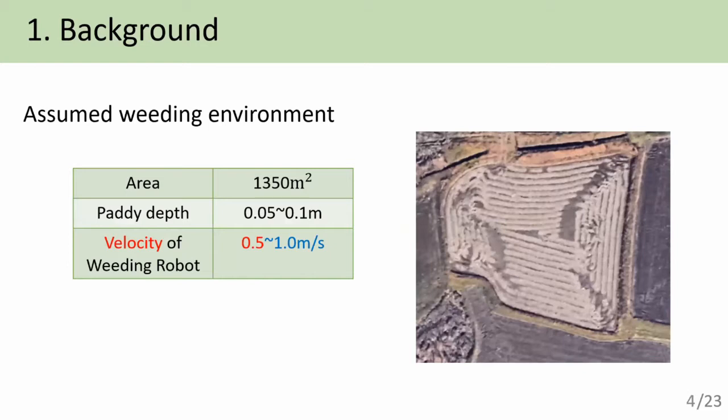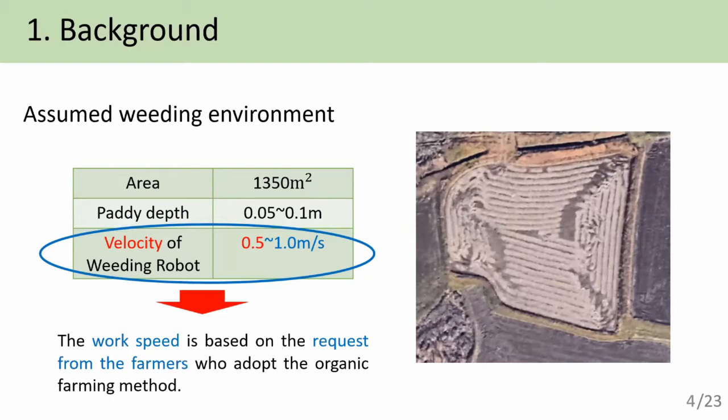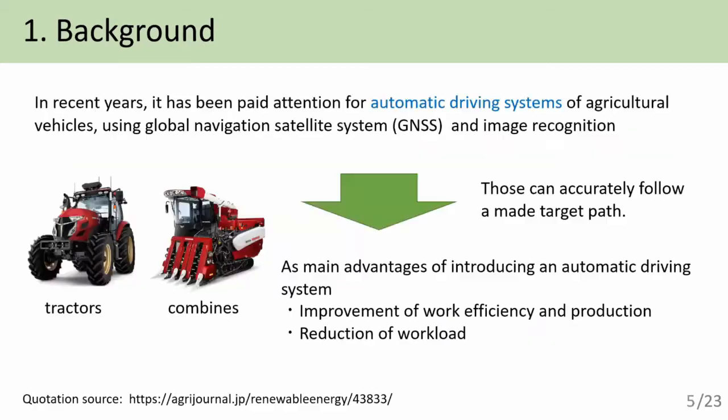We assumed a weeding environment. The velocity of the weeding robot is based on the request from the farmer, 0.5 to 1.0 meter per second.